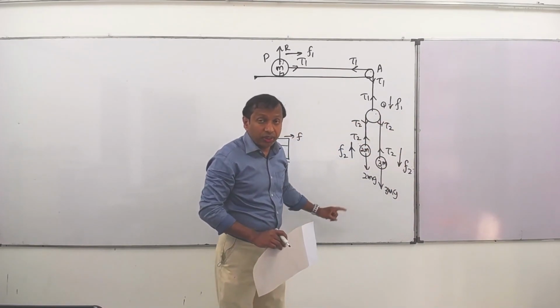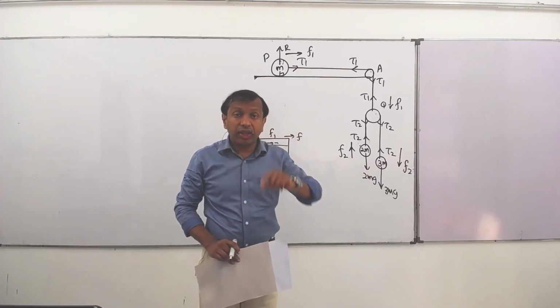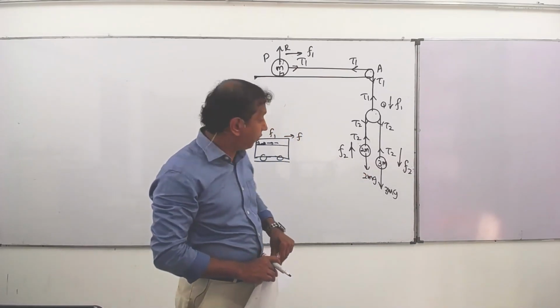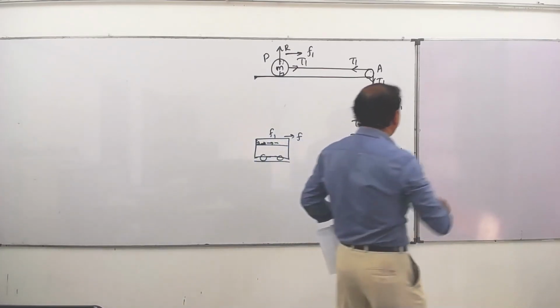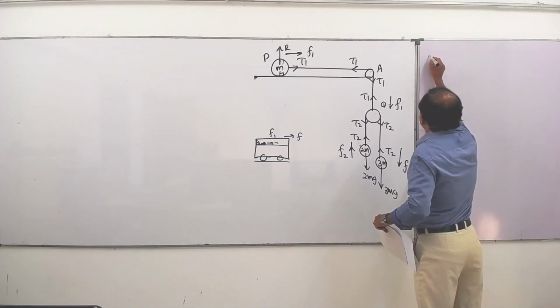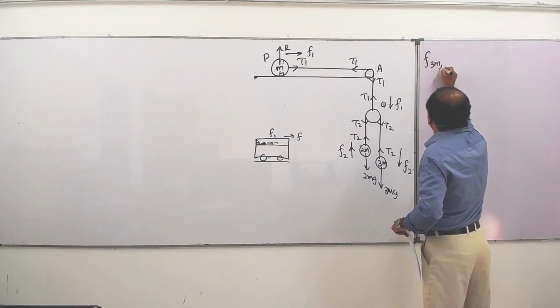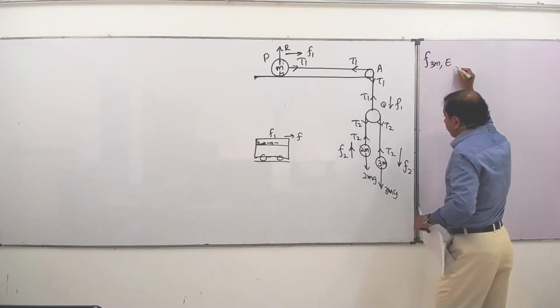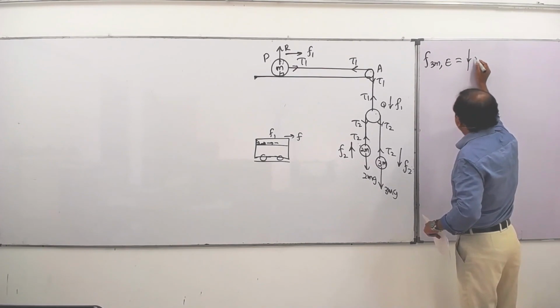That is how an observer on the earth notices the motion of 3m. That acceleration is called the acceleration of 3m relative to earth. It is in the downward direction, f1 plus f2.